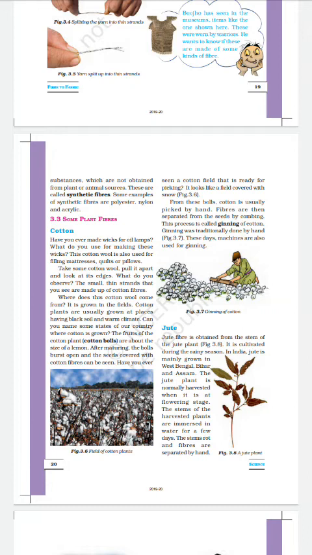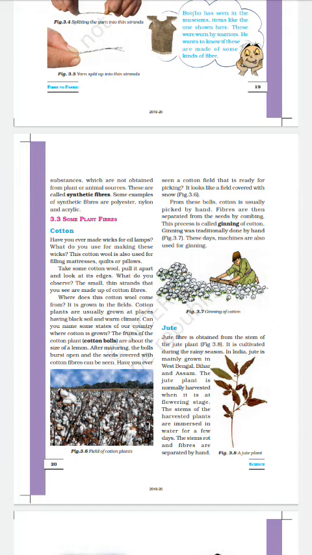When we do prayer, we take that cotton diya batti. The batti in the diya is also made of cotton. You wear cotton clothes. So can you understand what the uses of cotton are? Cotton is grown in a field of black soil in a warm climate.